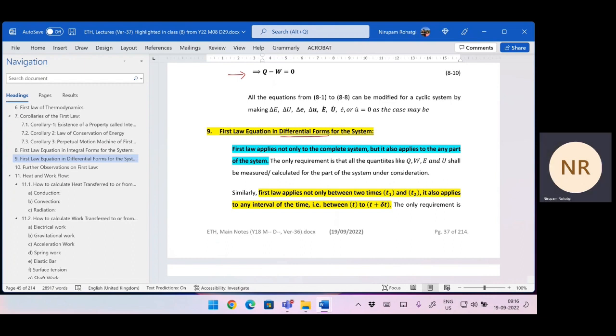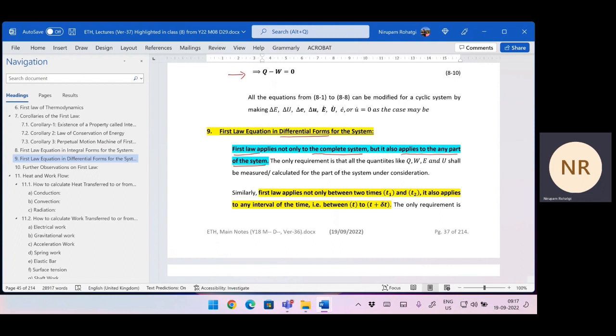Now, the fundamental behind that is that we have applied first law to the complete system, right? But we can also apply to any part of the system. So you can take out any particular mass or volume of the system and apply the first law there.